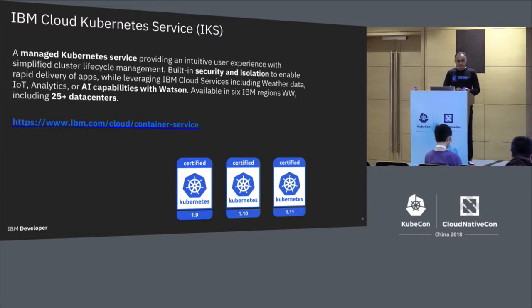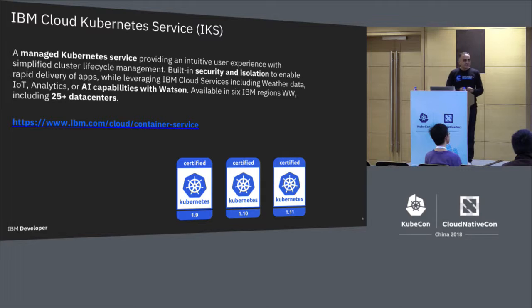It's a Kubernetes service, and it provides an intuitive user experience with simplified cluster lifecycle management, built-in security and isolation, and on top of that, it provides easy integration of, I would say, a couple hundred services, whether it's Watson analytics services, or something from weather data, weather.com, IoT, and whatnot.